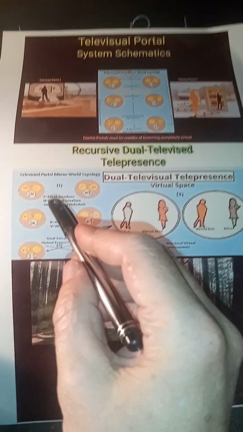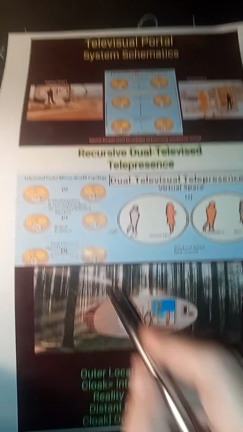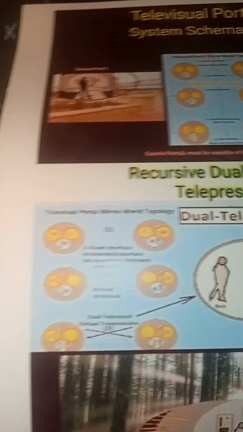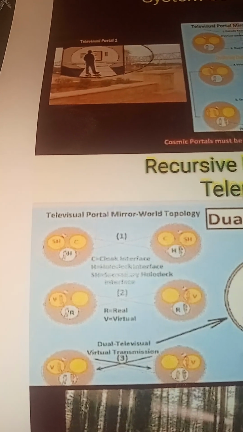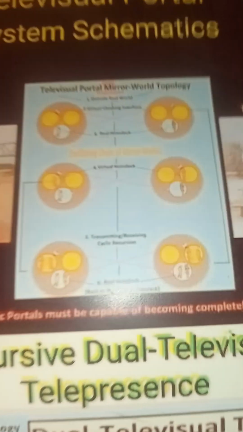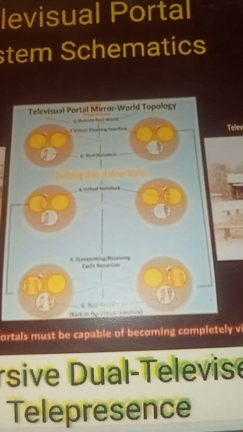It follows this chain of mirror world, chain of light information going from each of these portals to the other in a constant recursion.